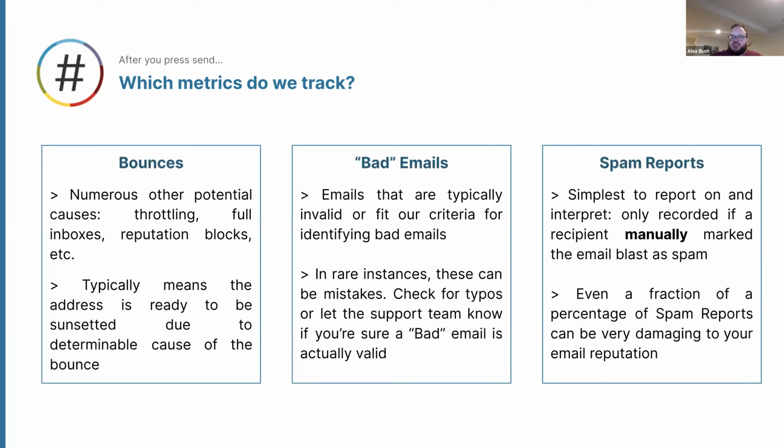You just need to reach out to the support team, to your enterprise account manager, and let us know. We can take a look at a group of emails if you'd like. We just need a little context as to why you think these bad emails are actually valid, and we're happy to work with you and take them there.